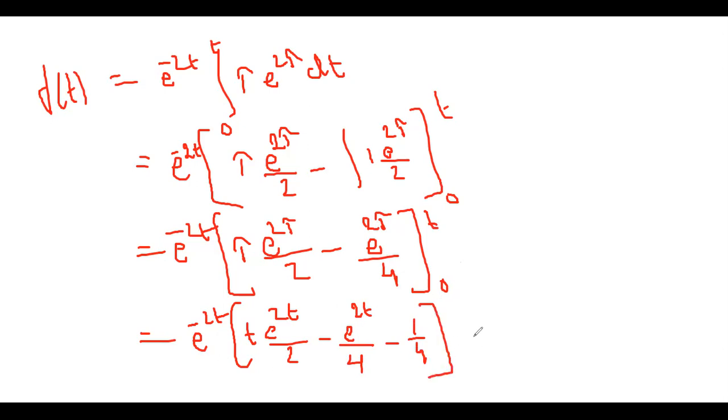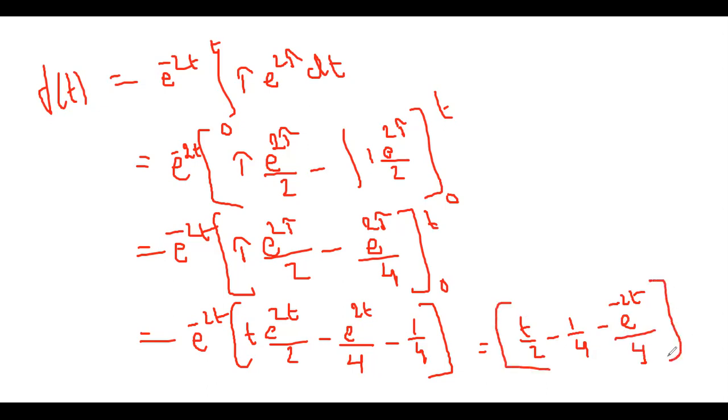Now multiply e power minus 2t inside. e power minus 2t and e power plus 2t give e power 0, which is 1. So we get t by 2. And e power minus 2t multiplied with the next term gives minus 1 by 4, and for the last term, e power minus 2t multiplied gives e power minus 2t by 4.